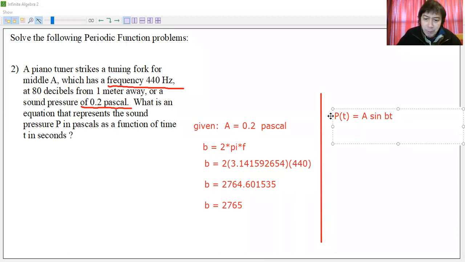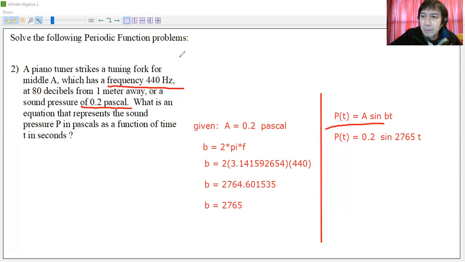All right, let's put the numbers. P of t is equal to 0.2 sine 2765t, there. And this will be our answer, okay? This will be our equation, all right?